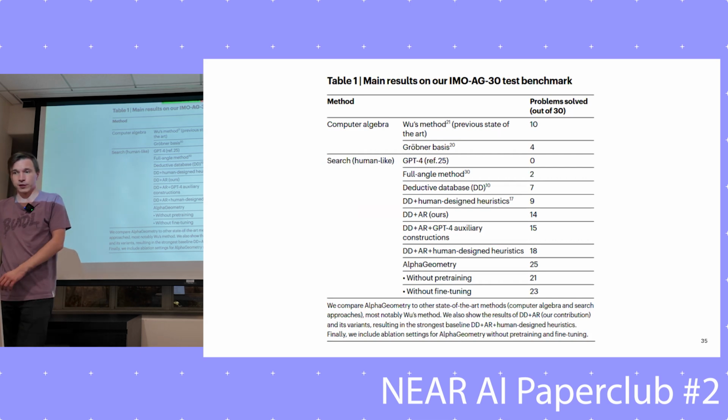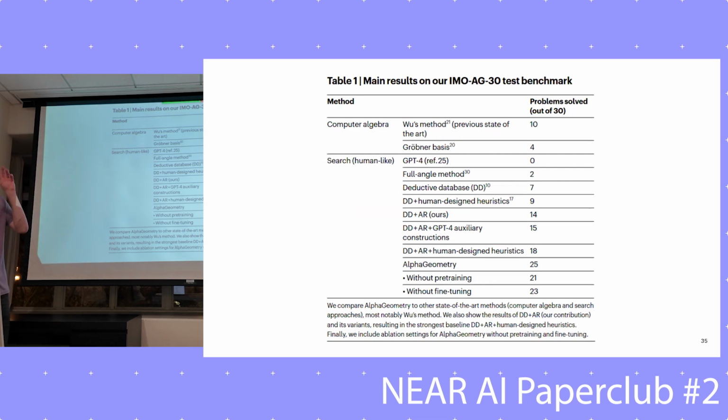Well, before we go to the results, one thing is when they measure it, they assemble a data set, the test set. The test set has all the geometric problems from IMO going back all the way, I think, to 2000. I'm not sure.